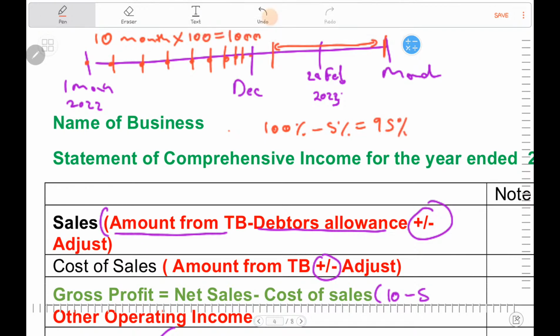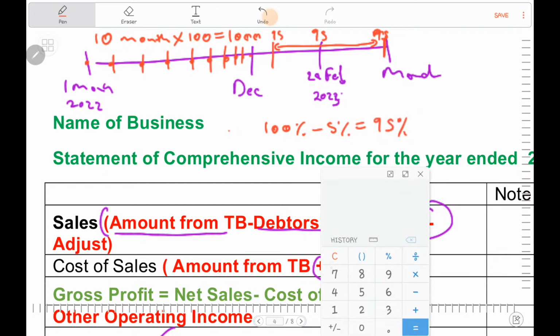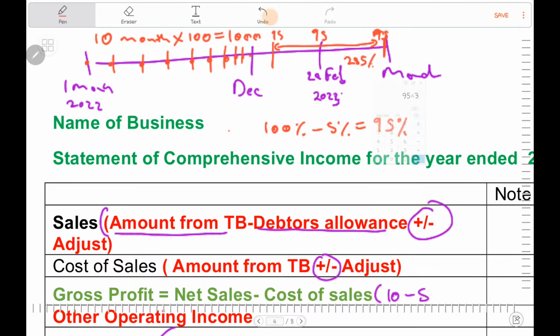For January it will be 95, for February 95, and for March 95 as well. So you are going to say 95 multiplied by 3, then add those percentages together. From here up until here it gives us 285%. Then what you are going to do will depend on the amount given.